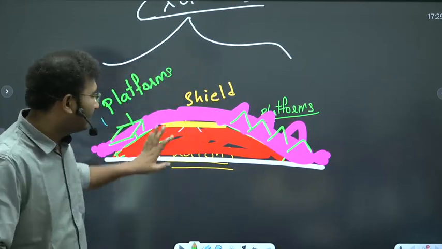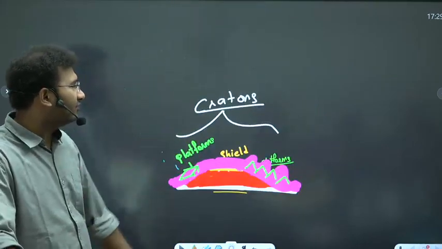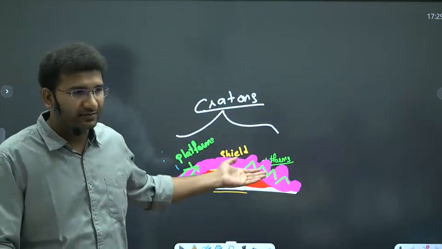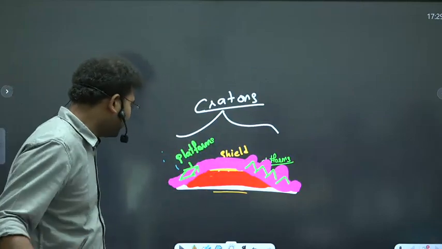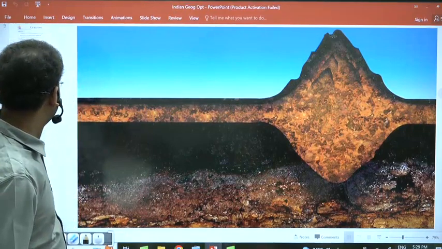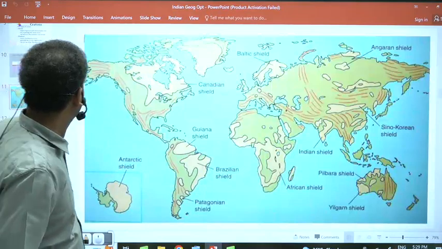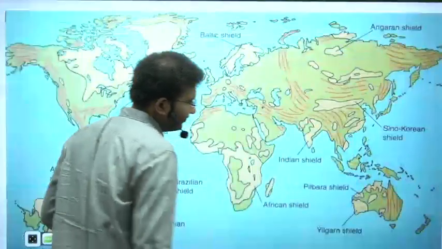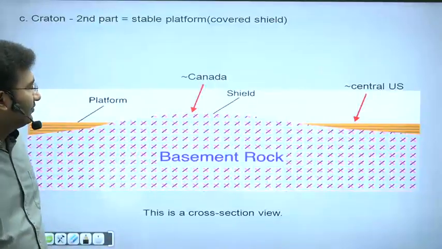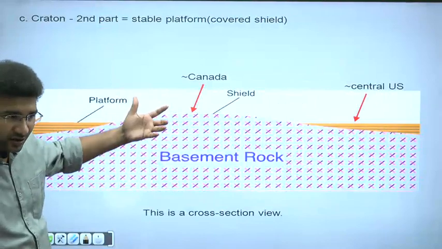So in totality, your original land masses are nothing but cratons. Cratons are a collection of shields and platforms. So in India, we actually had 5 major platforms and shields. Look here. This is the basement rock, the original rock.